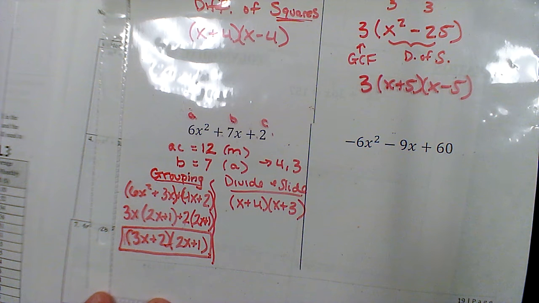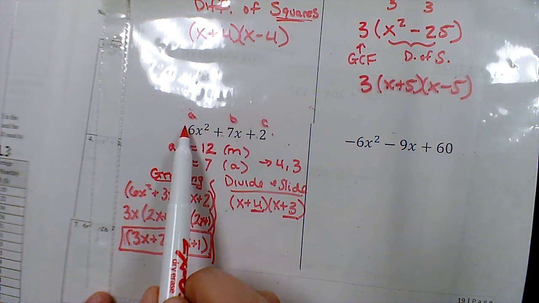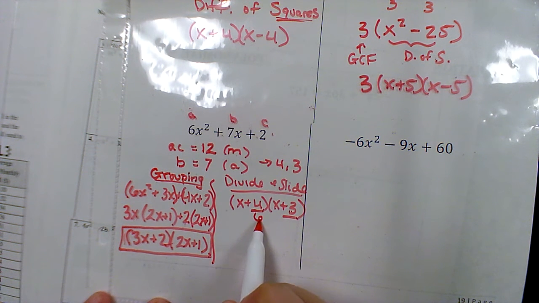Okay? Now the reason this is called divide and slide is because once you write down those 2 numbers, we are going to divide both of those by the a value, which was 6.